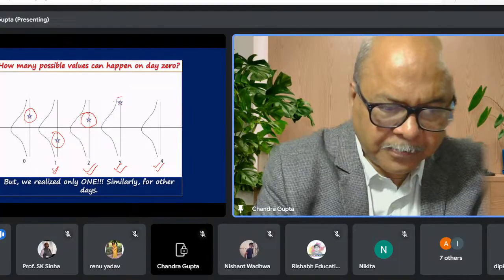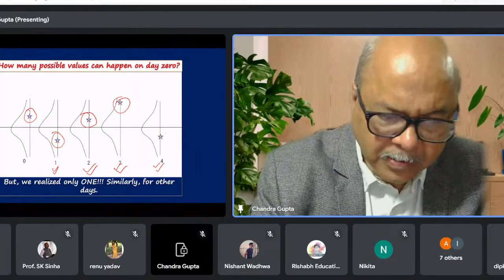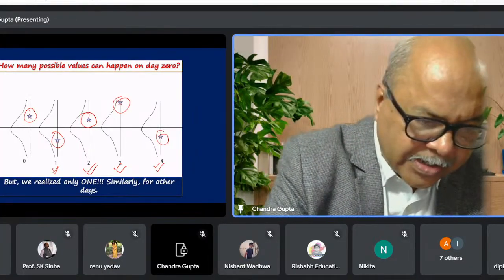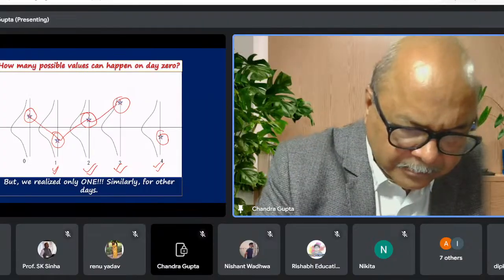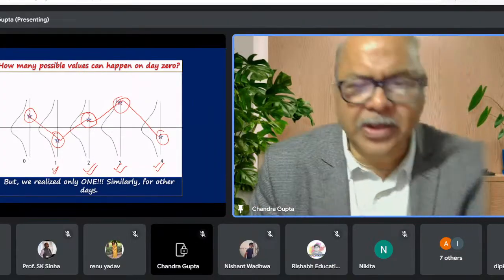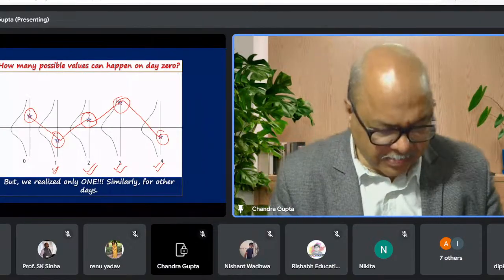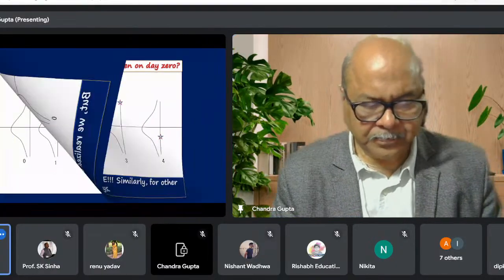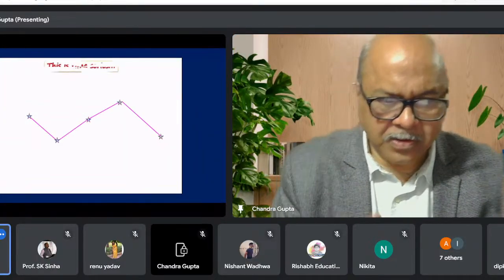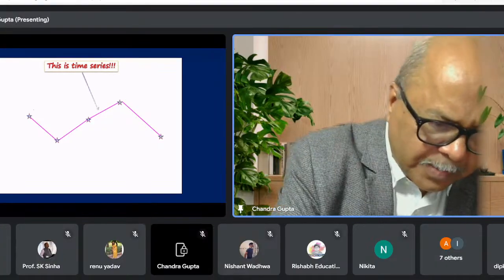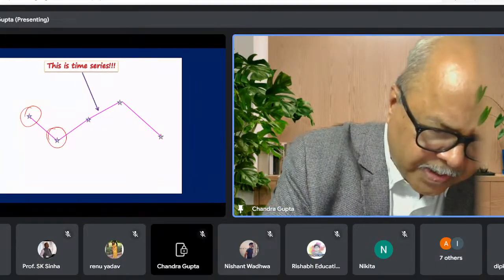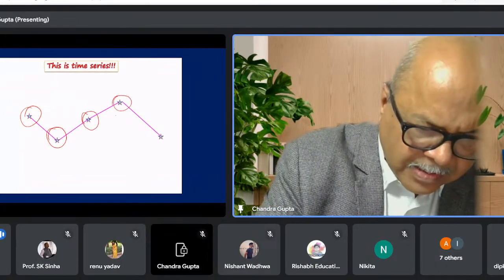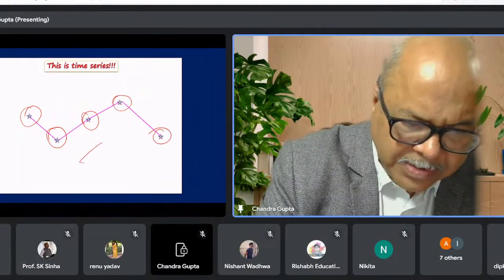Similarly here, so if I take a collection of all this data, that will give me what is called time series. So the collection of the points which we have realized is called time series.